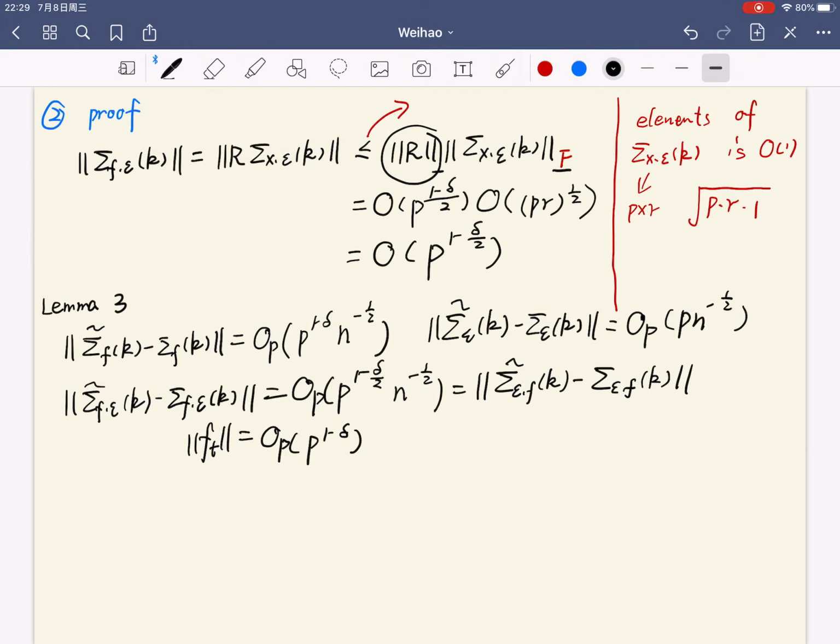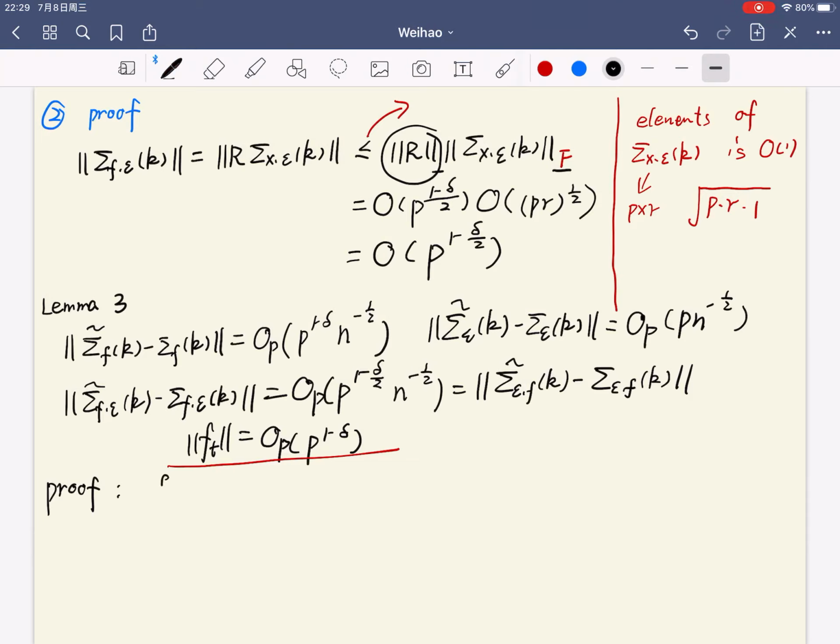Let's prove these five rates of convergence. First, let's show this simple rate.